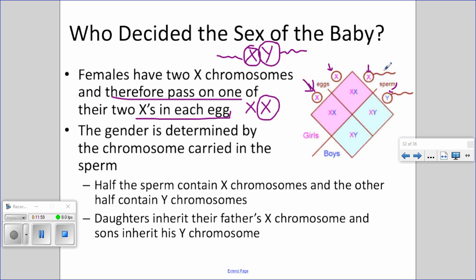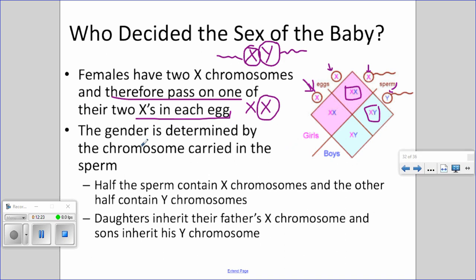So if a sperm cell containing an X chromosome fuses with that egg, you get two X chromosomes and thus a female fetus resulting. If that sperm contains a Y chromosome and fuses with that egg, you get that combination of XY, resulting in a male fetus.